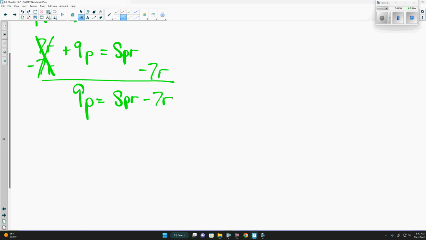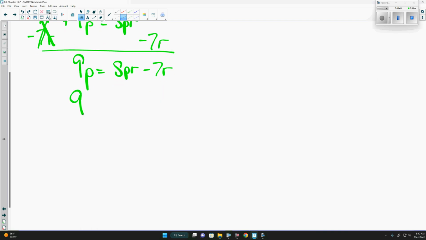The reason we're doing this is because if we look at the right-hand side now, is there a greatest common factor between those two terms? Yes, they both have R in common, yes? So what I can do is factor it out, which will leave us with SP minus 7, yes? Well, we've gone from one equation with R in two places to a single R. Now we're back to R in one, yes?